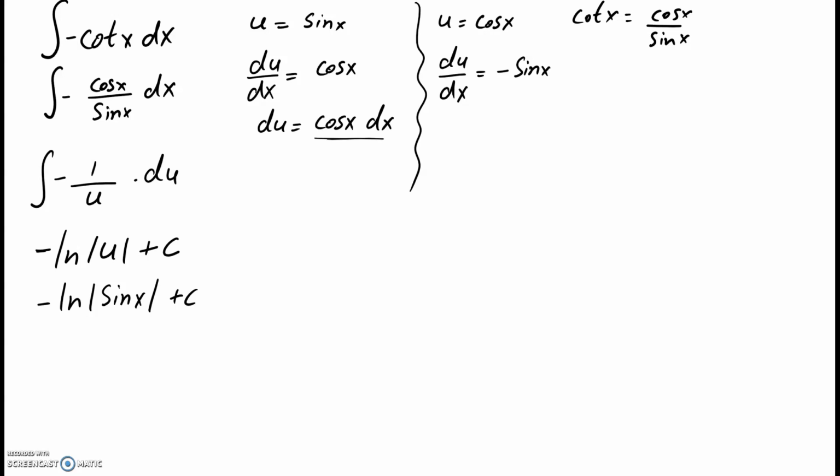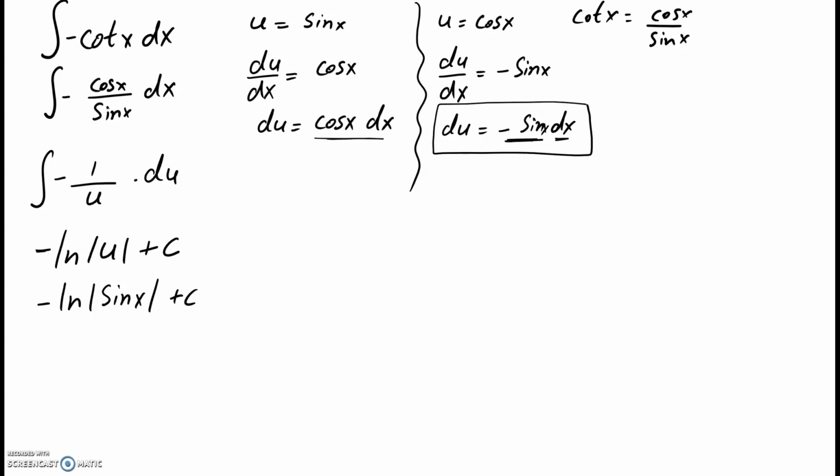And I have to rearrange this, then du equals negative sine x dx. Now look, you can see that sine x is in the denominator in our expression and dx is in the numerator, but according to this substitution they are not exactly what we want here in our question.